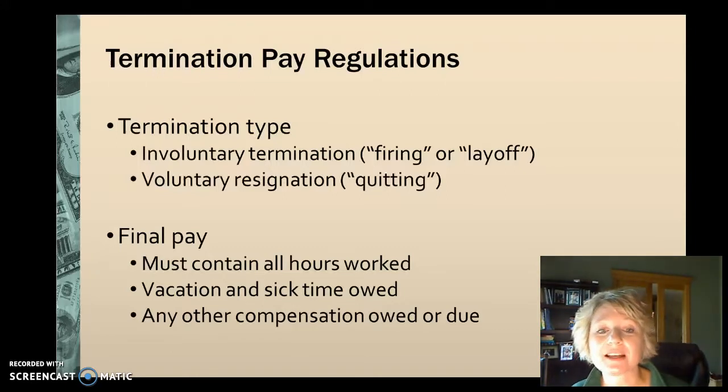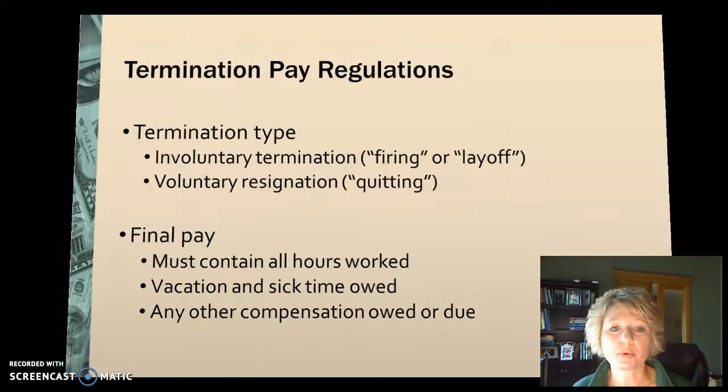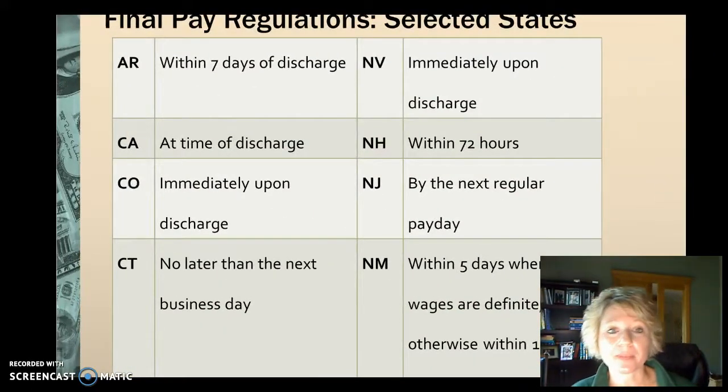Termination types are involuntary, which is a firing or layoff, or voluntary resignation, which is just quitting the job. The final pay must contain all the hours worked by that employee, vacation and sick time owed to the employee, and any other compensation owed or due. That is part of the regulations when an employee leaves the company.